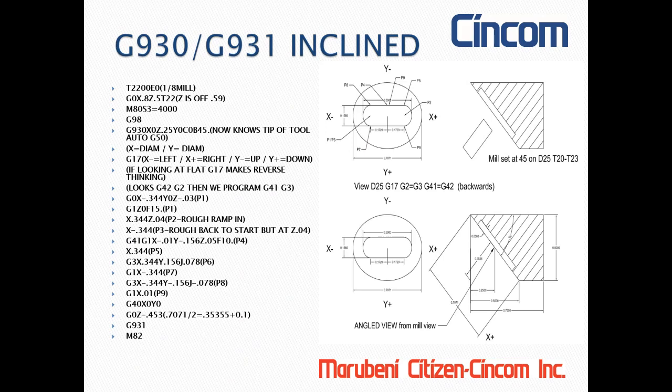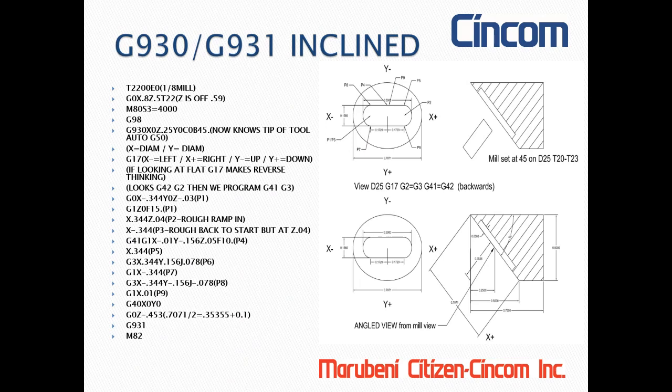In G930, we specify our datums on that fixture, if we want to call it that way. And it's out of G50. We don't have to G50 anything. And I just want to show this one. It's not the B-axis just for drilling, so you can do a lot more than just drill.